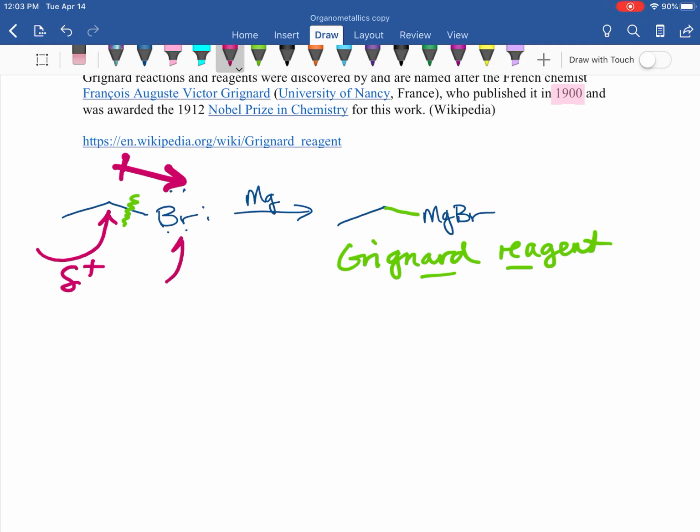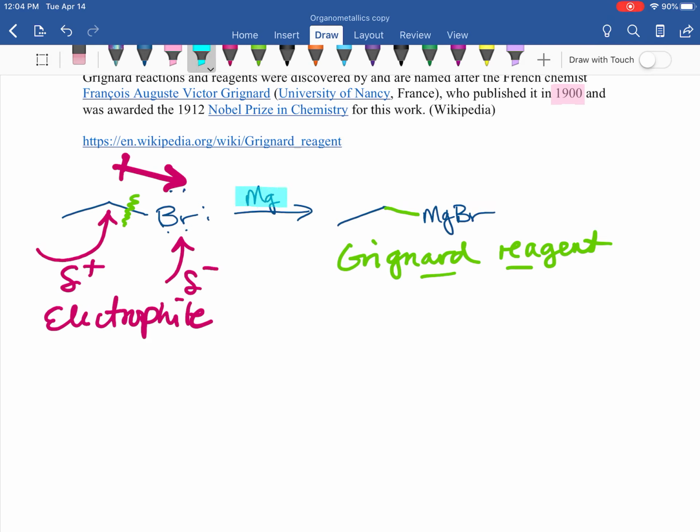This carbon now has a partial positive. Your bromine's got a partial negative. So it actually makes a really good electrophile. We see this in OChem 1. This is what we use for our electrophiles in our SN2 chemistry, in our E2 chemistry, our SN1, E1 chemistry. These make good electrophiles. So you've got a partial positive on that carbon.